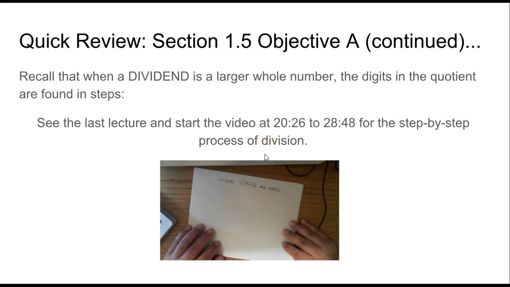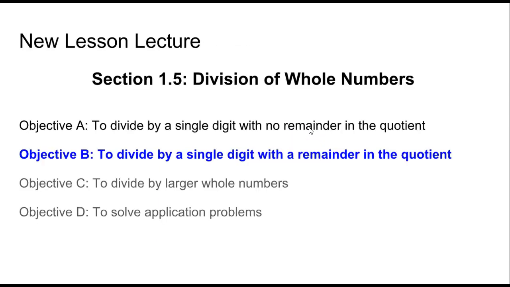This is of course Objective A, which is dividing by a single digit and not having a remainder in the quotient. So go ahead and look at that in order to get that information. And let's go ahead and move forward to our new lesson lecture.